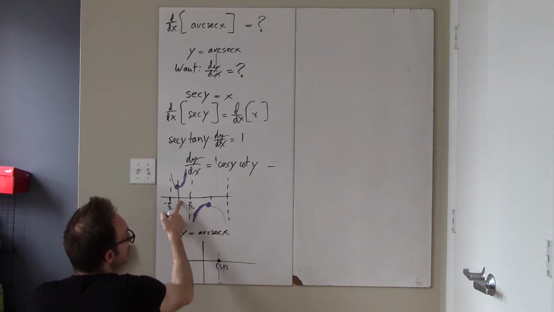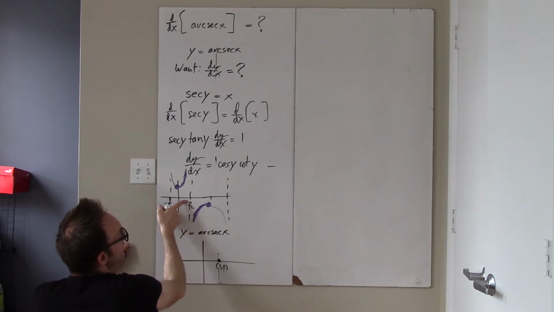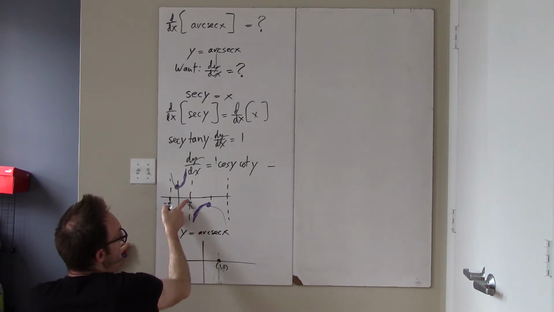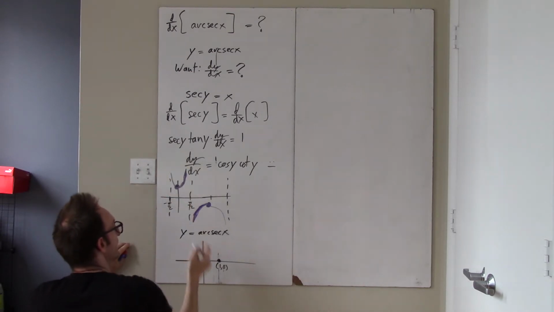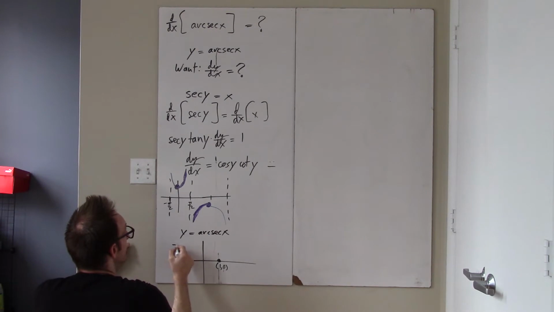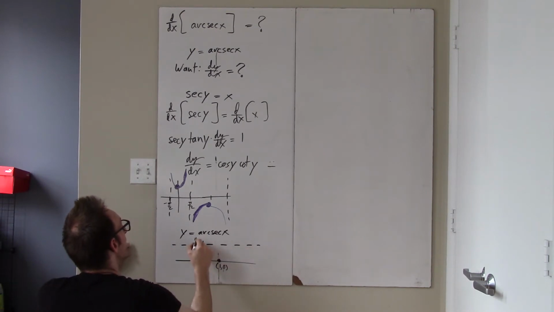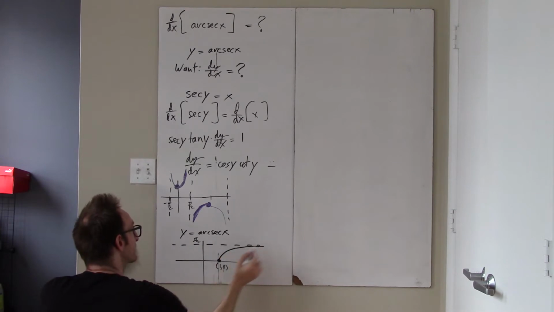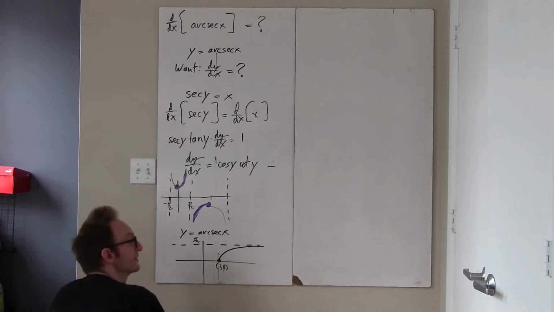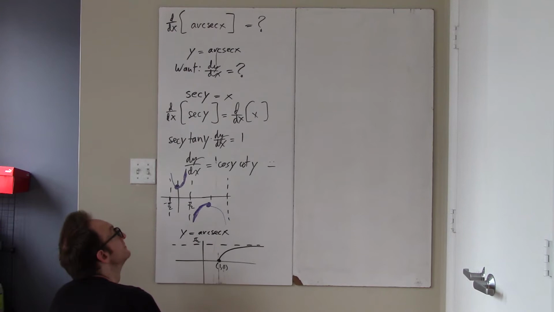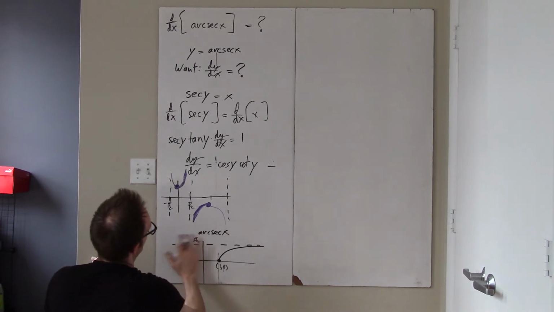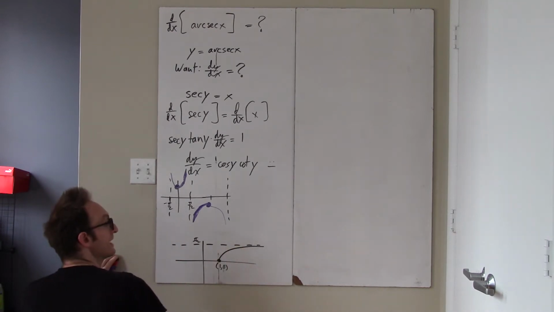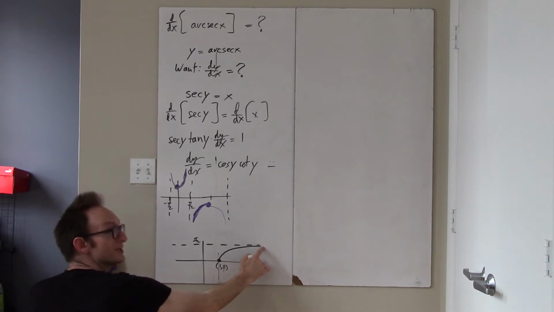As x gets very close to pi over 2, but a little bit less than pi over 2, y goes to infinity. So therefore, on the graph of arc secant, I should expect that as x goes to infinity, oh, I see I've now made a bad mistake here. Y should go to a little bit less than pi over 2.